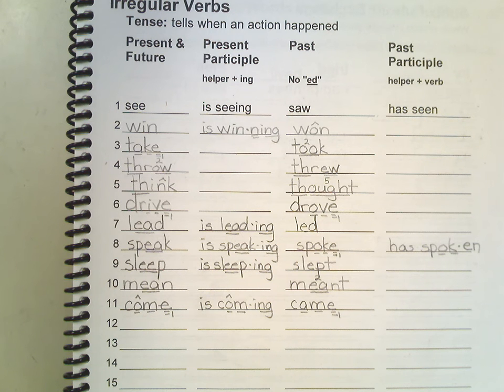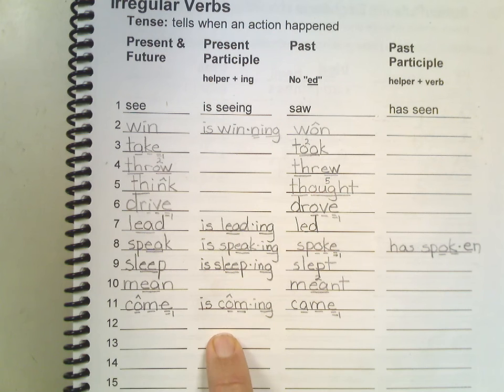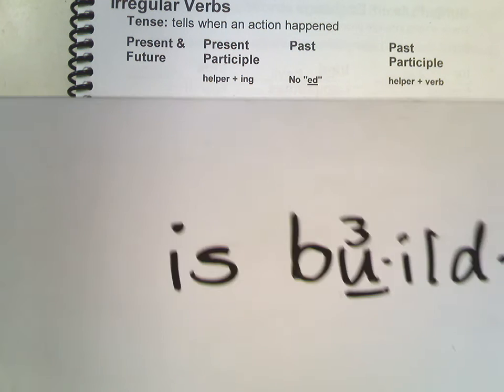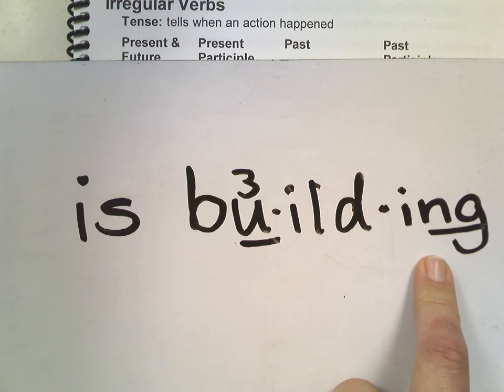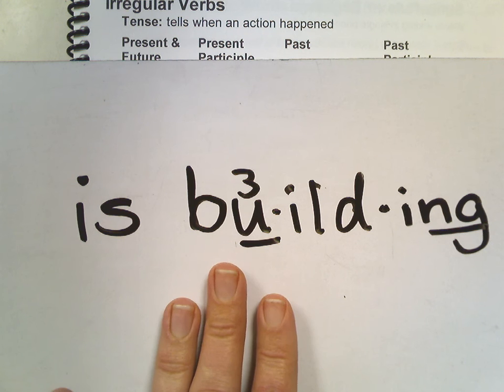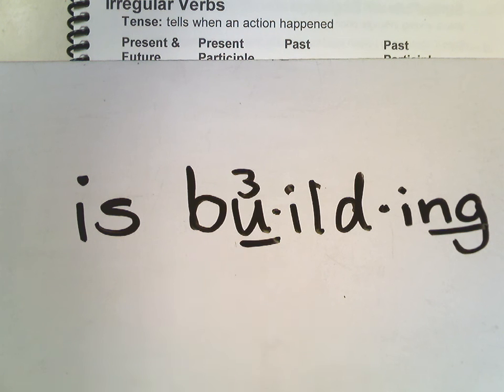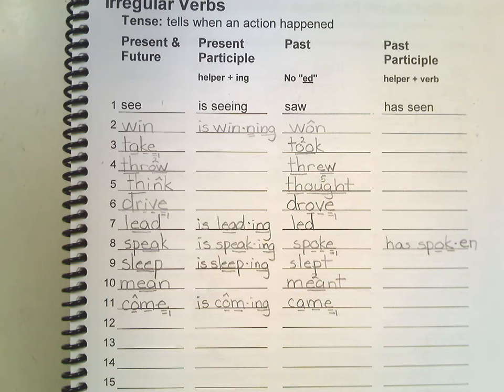So go ahead and write is boo-ilding for our second column. Let's check that. Is boo-ilding. Again, we're just adding this ing. We're really used to doing that. So the only thing we need to remember for building is, again, it's a two-way word. And to spell it right, we have to say boo-ilding.